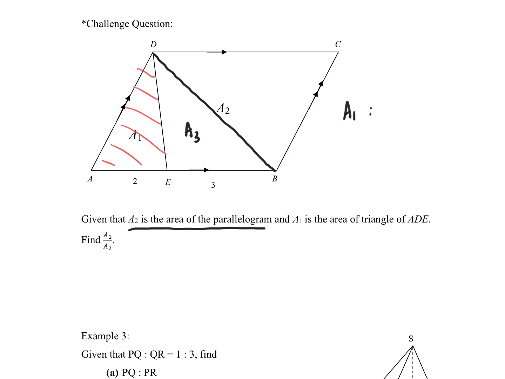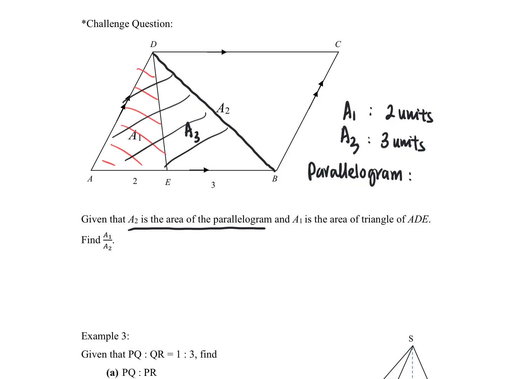Okay, so A1 is 2 units. Okay, I write like that. A3 is 3 units. What about the parallelogram? Half of it is how many units? 5, right? So parallelogram, 10.